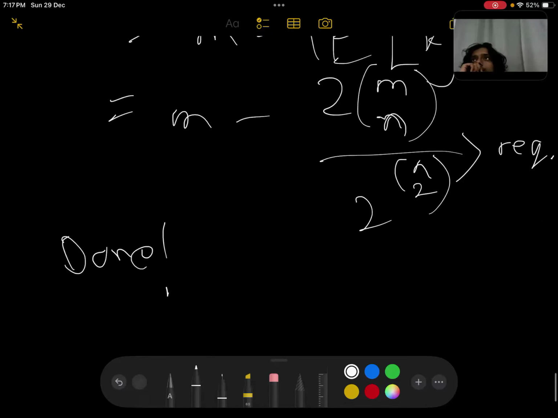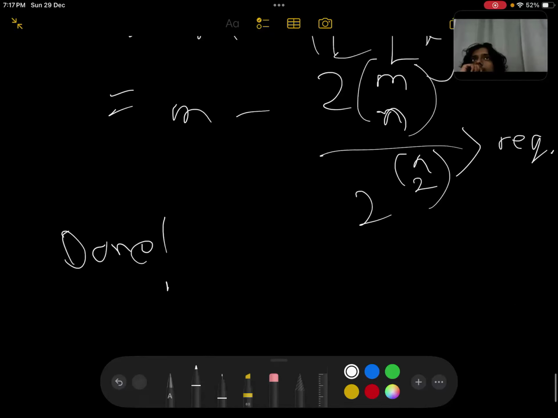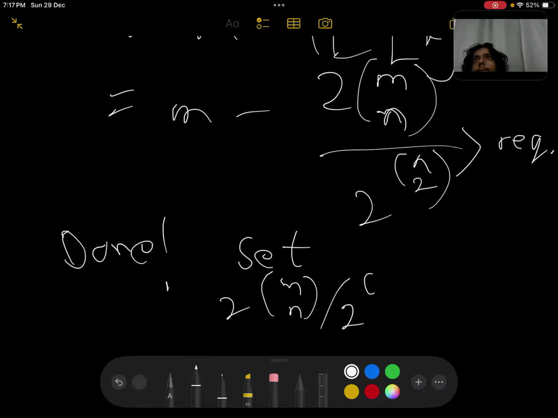Again, I won't go into the calculations now, but let's just say we set this quantity to be n by 2, and so this will be equal to m by 2.